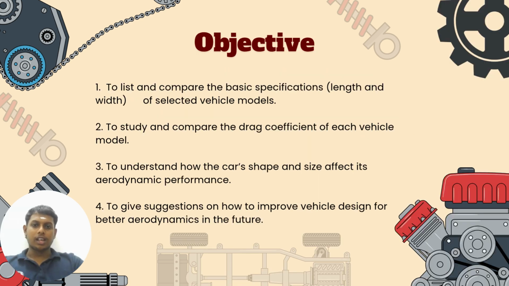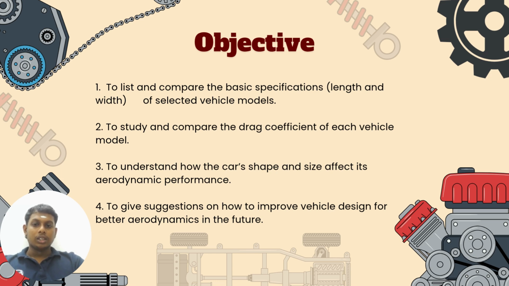Second, I would like to talk about the objectives. The first is to list and compare the basic specifications, length and width, of the selected vehicle models. The second is to study and compare the drag coefficients of each vehicle model.